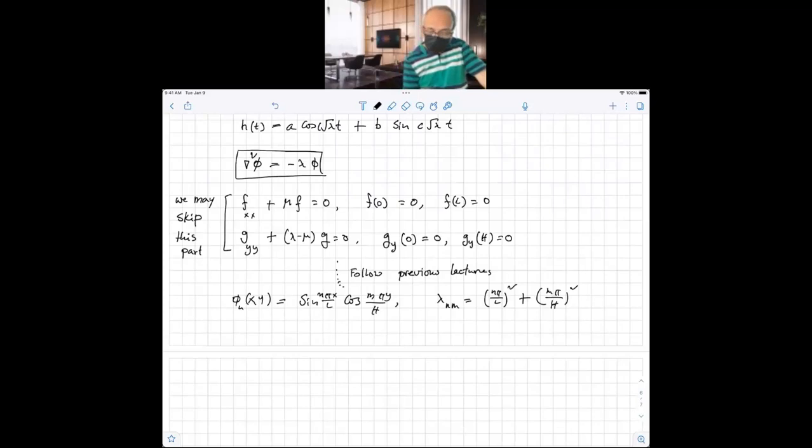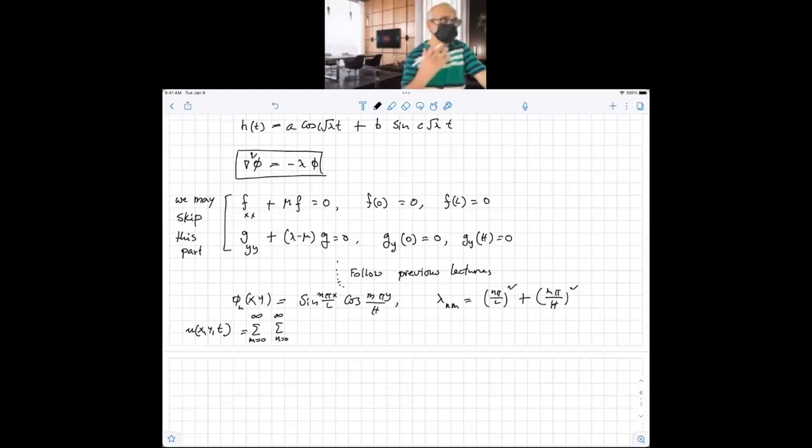So we can now write the solution u x y t. Solution u x y t would be a sum over, say, m going from 0 to infinity, and you might wonder why not 1. It is because we have cosine.